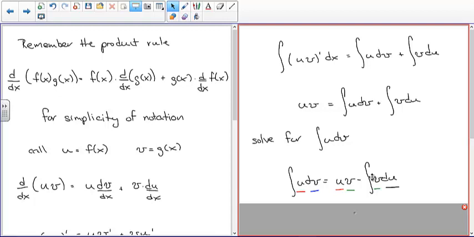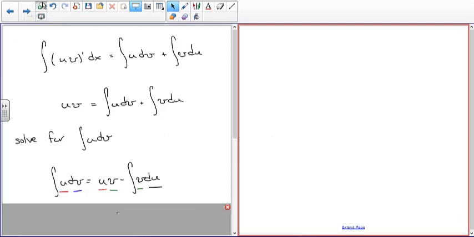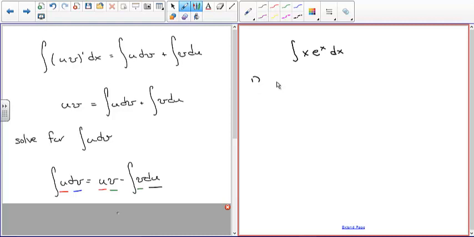So let me just demonstrate it on an example. The basic procedure. Let's say we have the integral of x times e to the x dx. The first step is identify u and dv.